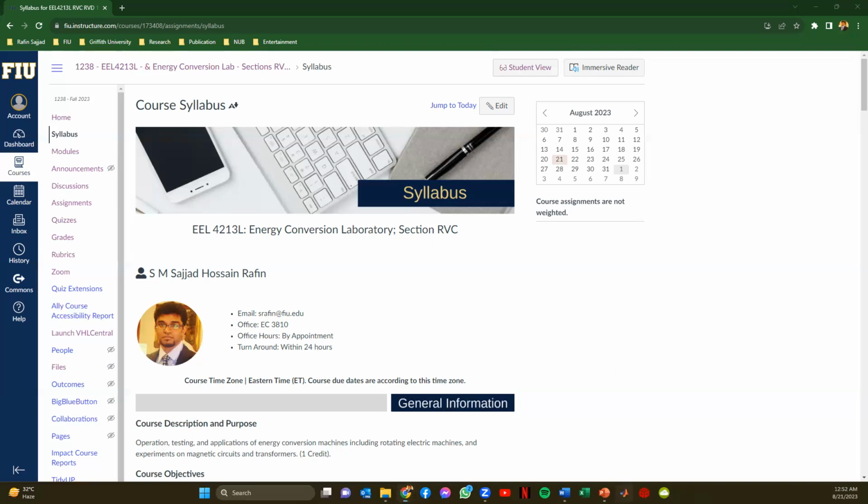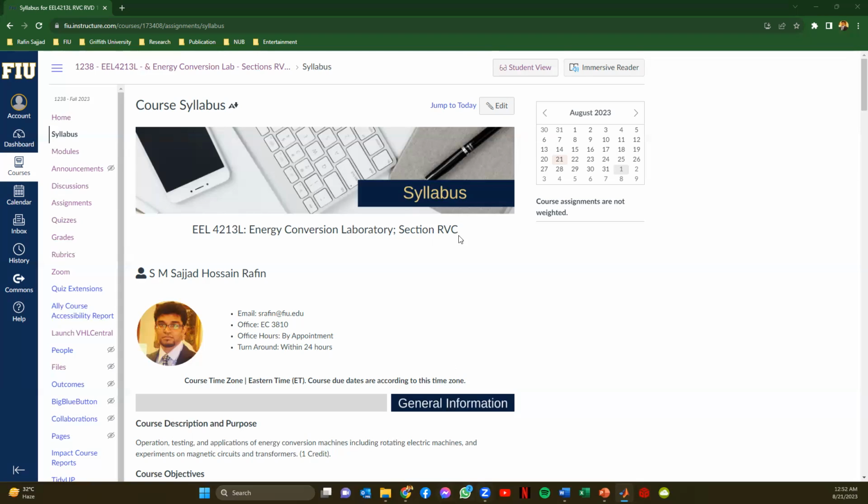So this software, I will give you some simulation files to simulate so that you can have a hands-on experience as well. Since I know it's an online course, I'll give you my 100% to make you understand the whole concept and the practical aspect of energy conversion, especially electrical energy conversion.